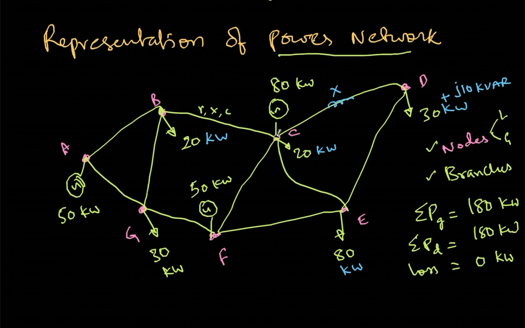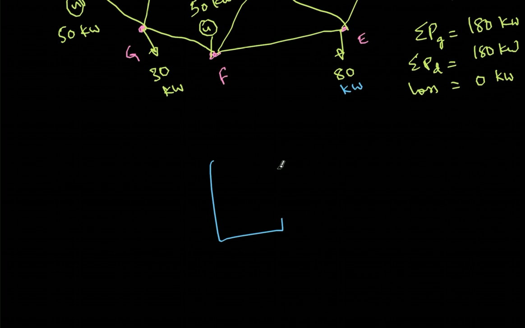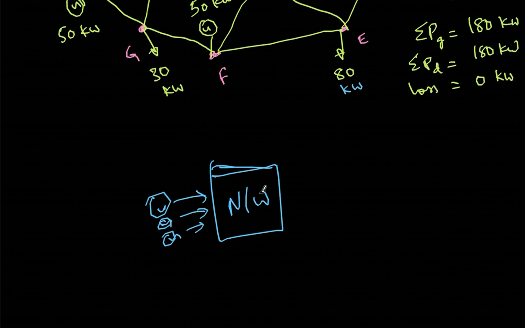So if I summarize it, it is nothing but a network. And inside this network there are a bunch of generators generating power, and there are a bunch of loads consuming power, and the power is circulating through this.